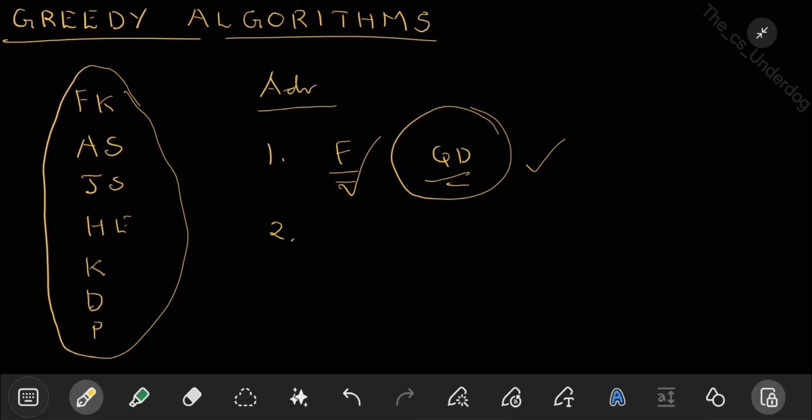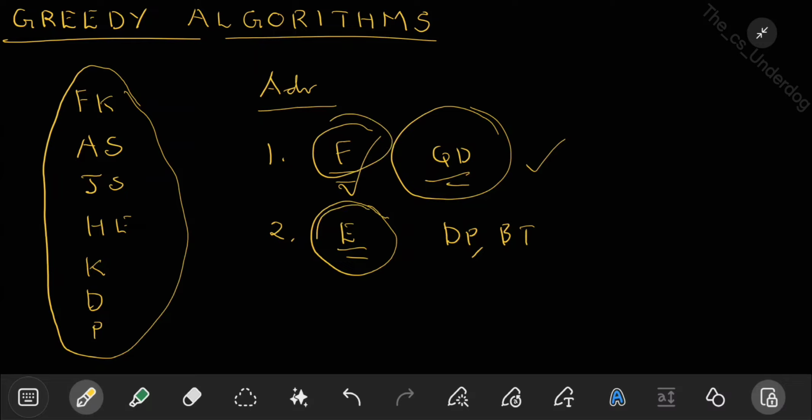Second advantage is generally greedy algorithms will be easier to implement. That is, when you compare with other algorithms, something like, let us say, dynamic programming, or backtracking, in these cases greedy algorithms will be easier to implement as a programmer. So as a programmer, both these are to your advantage.